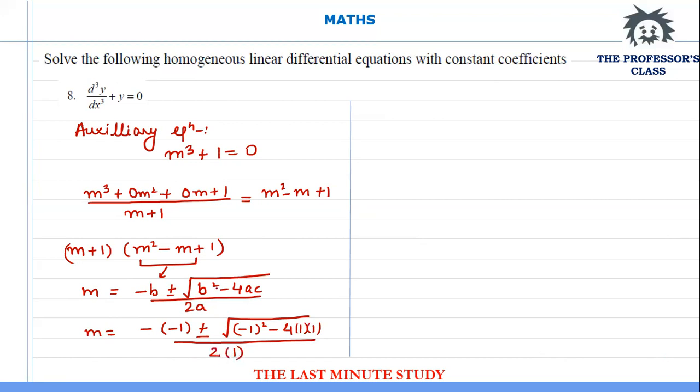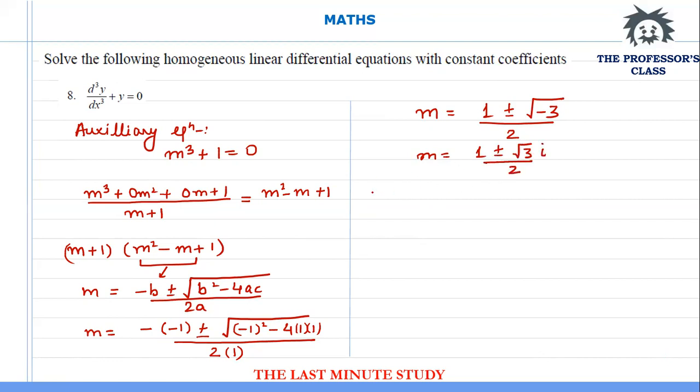The a is 1. If we solve this, we'll get 1 plus or minus under root of 1 minus 4, that is minus 3 over 2. Or in simple terms, I can write down 1 plus or minus root 3 i by 2.